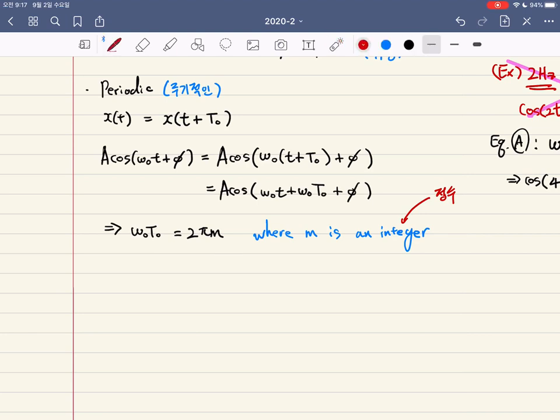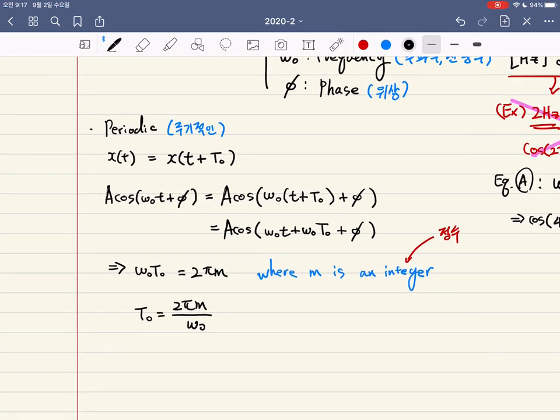Therefore, with this equation, you can say that t0, large t0, equals 2 pi m divided by omega 0, and period.